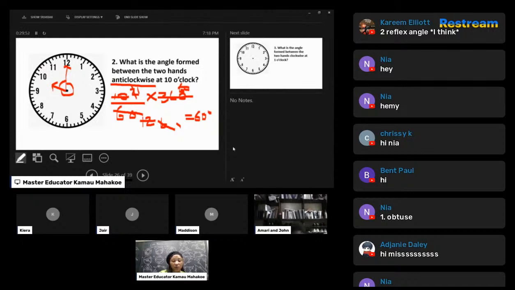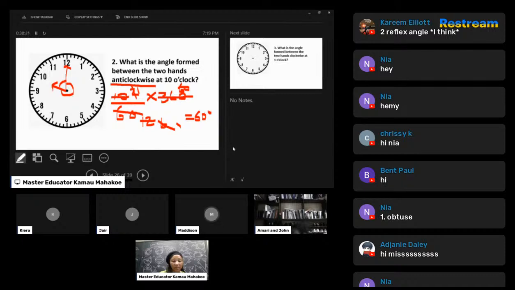Now that we know the anti-clockwise angle is 60 degrees, is there a way we could work out the clockwise angle? So remember, the anti-clockwise angle and the clockwise angle together make up the full 360 degrees.